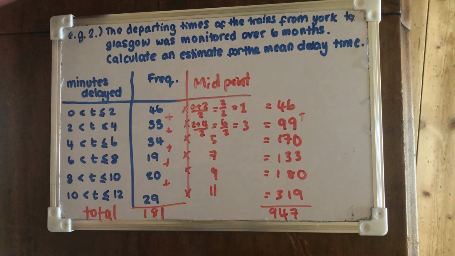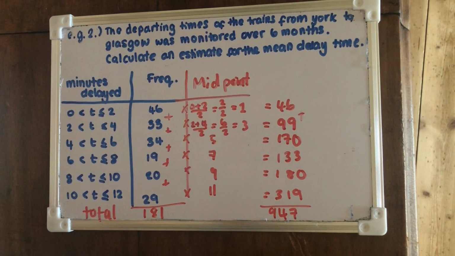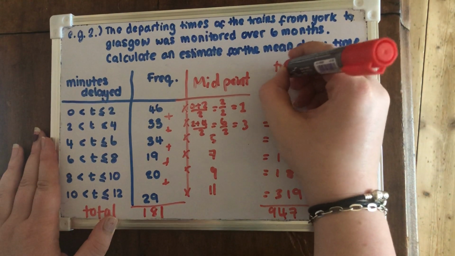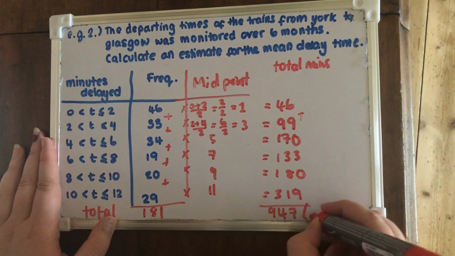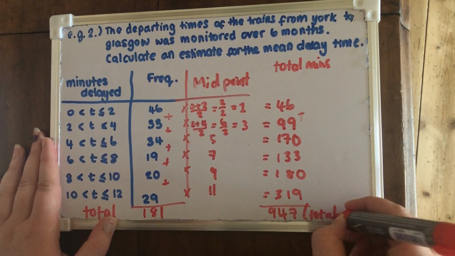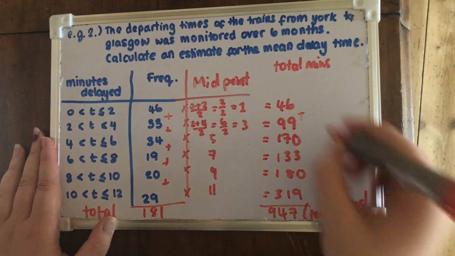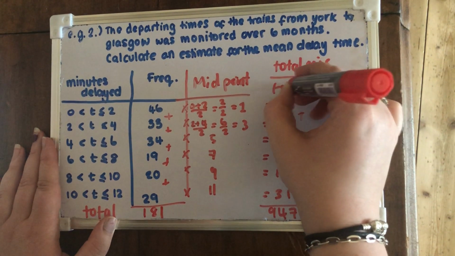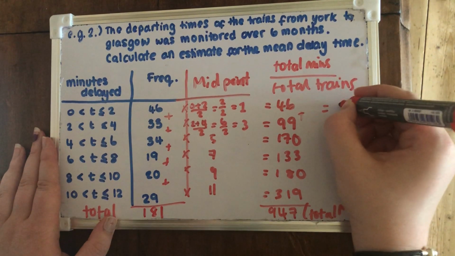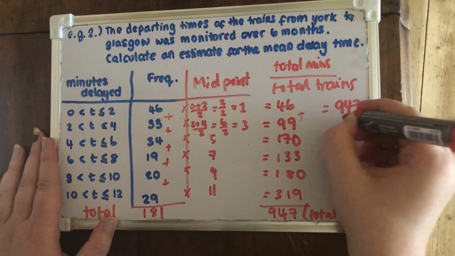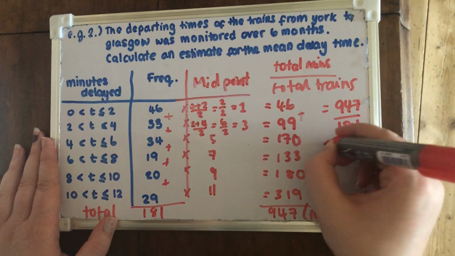947 minutes in total. Okay, and then we do the total minutes, which is this one, divided by the total trains. So 947 divided by 181.